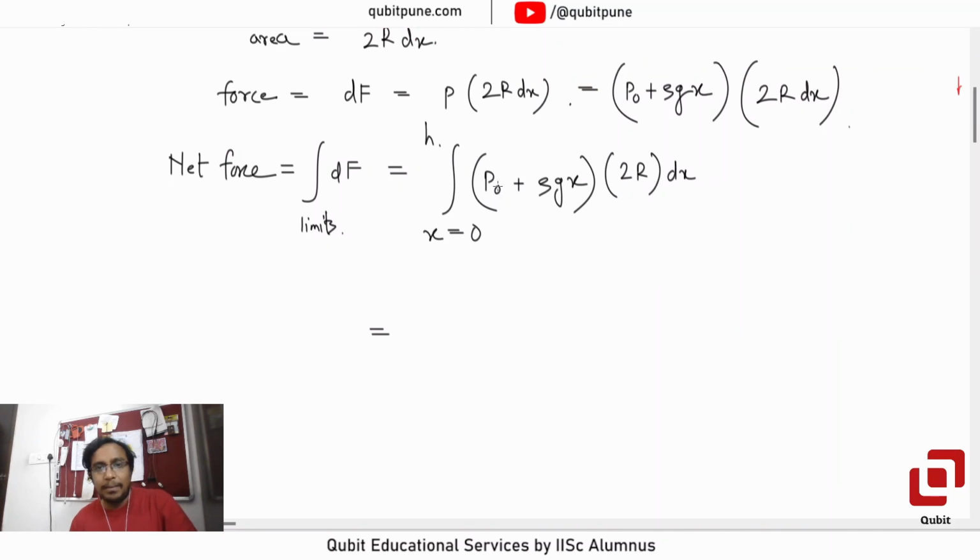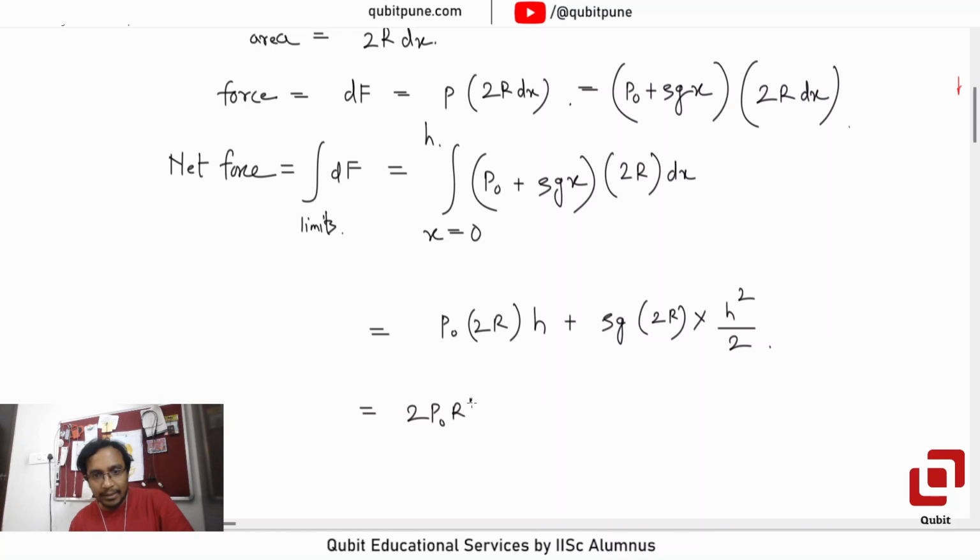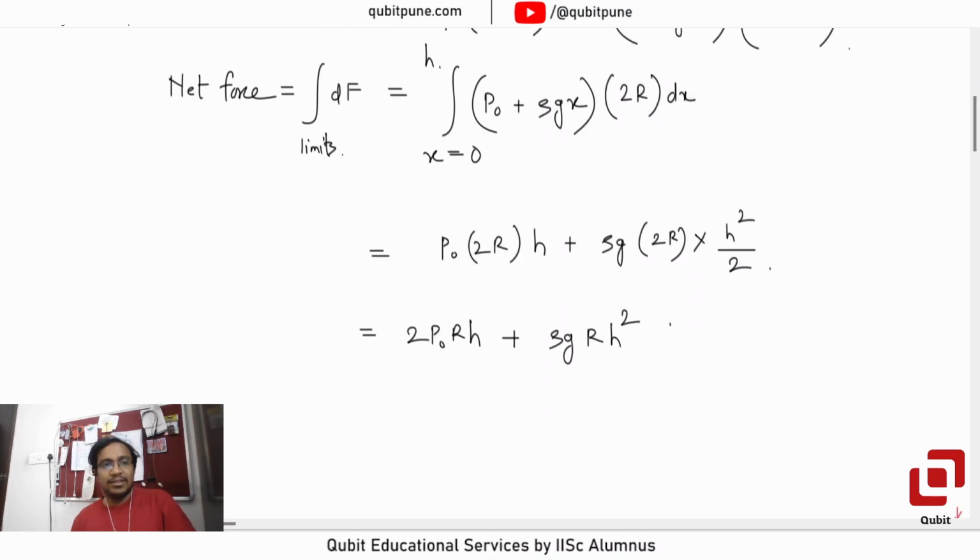Firstly, let us integrate P naught 2 capital R, so that will be P naught 2 capital R into x, and we can replace that x by h. For rho gx, let us write rho g and 2 capital R separately, and x's integral is x squared by 2, so it will be h squared by 2. So it will be 2 P naught capital R h plus rho g capital R h squared, and this is due to pressure.